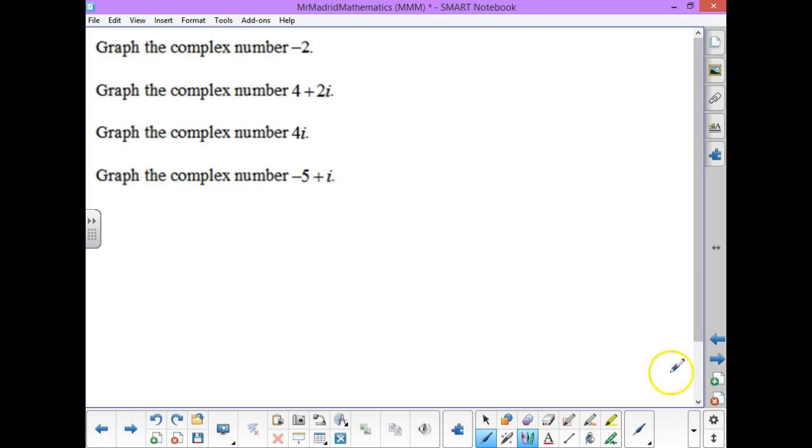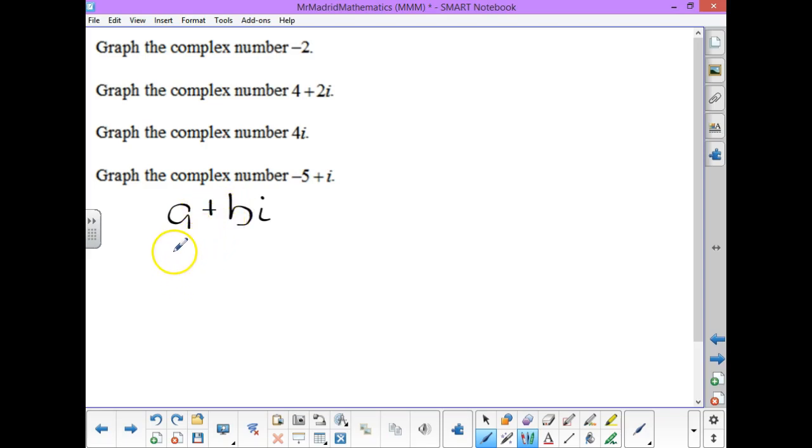Anyways, we're going to be looking at problems that say, hey, graph the complex number. When it comes to these, this is what you already know: all numbers can be written in the form a plus bi, because all numbers are in one form or another a complex number.